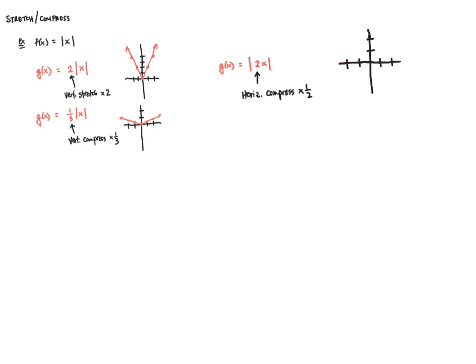So you're only going to go half a unit to the right and 1 up. And instead of going 2 units over, you're only going to go 1 unit over to go 2 up. Likewise, instead of going 1 unit to the left, you're going to go half a unit to the left and 1 up. And instead of going 2 units to the left, you're going to go 1 unit to the left and 2 up.